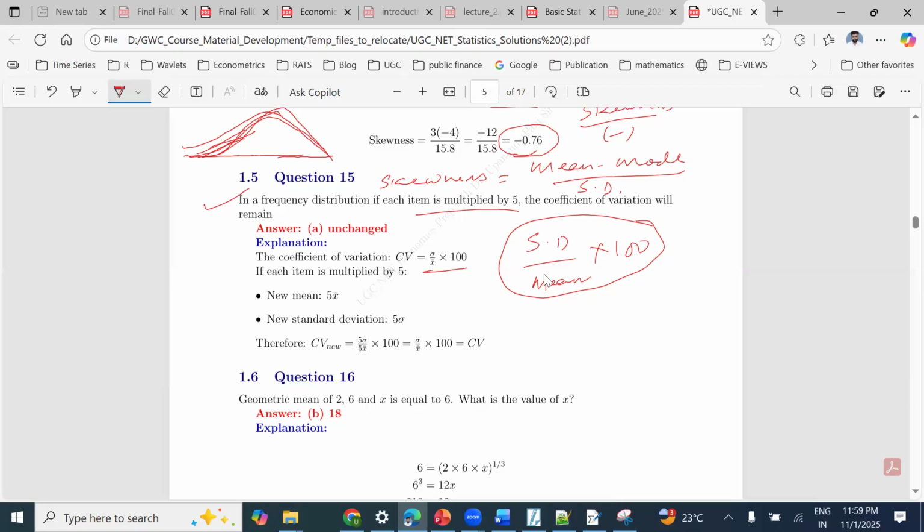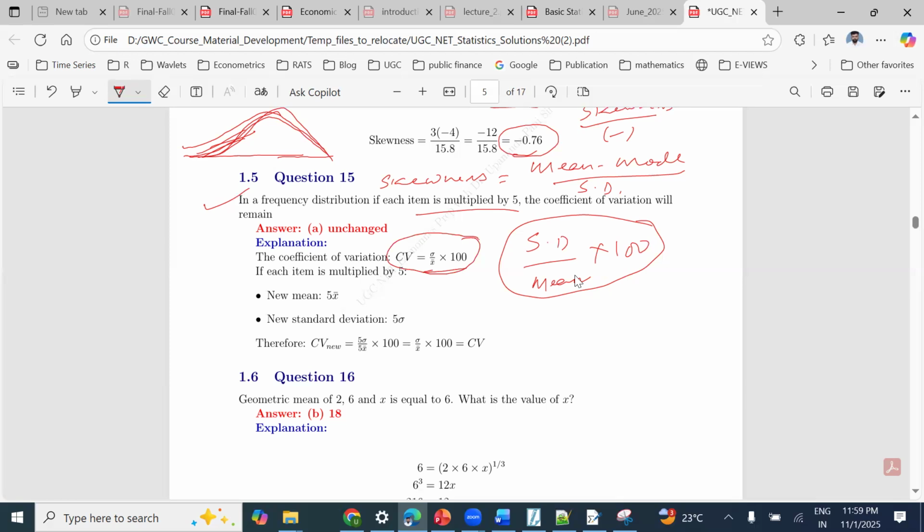So when you are calculating the coefficient of variation, it is unitless, whatever value we get. There is no unit; it is a pure number. Because it is a relative measure, it is standardized. So there will be no measurement unit of any of the measures you are calculating.